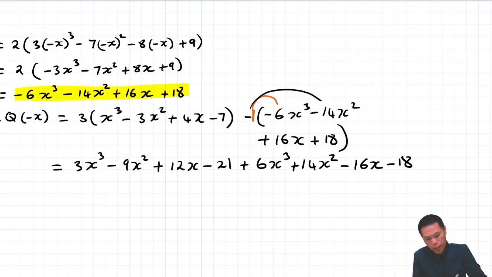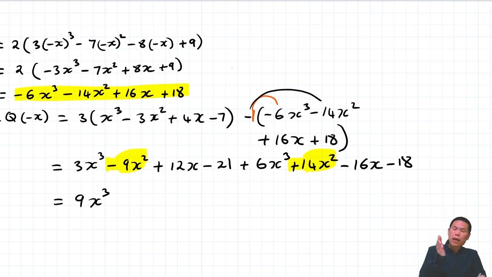So we have 3x to the power 3 and we have 6x to the power 3. We add together, that's 3 plus 6 is 9. So I just write this down, that equals 9x to the power 3. And then we have negative 9x squared and we have 14x squared. So minus 9 plus 14 is same as 14 minus 9.